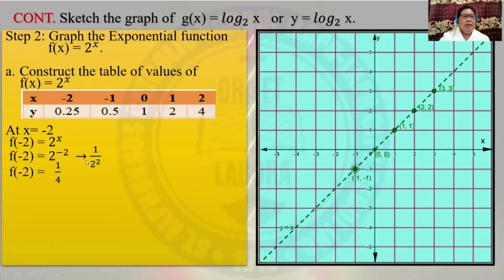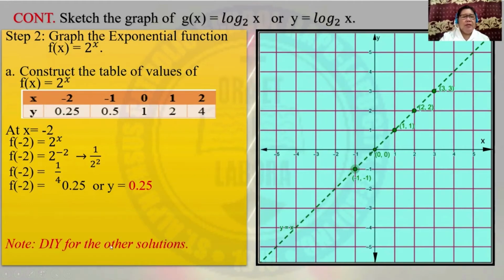And then this can be simplified into 1/4. And you can change 1/4 into decimal, which is 0.25. So the value of y is 0.25. So for the other solutions, you can do it yourself.